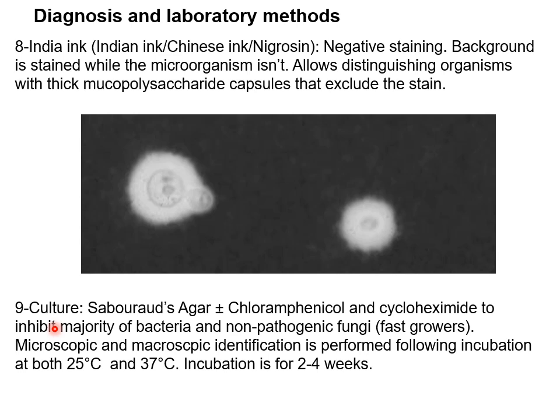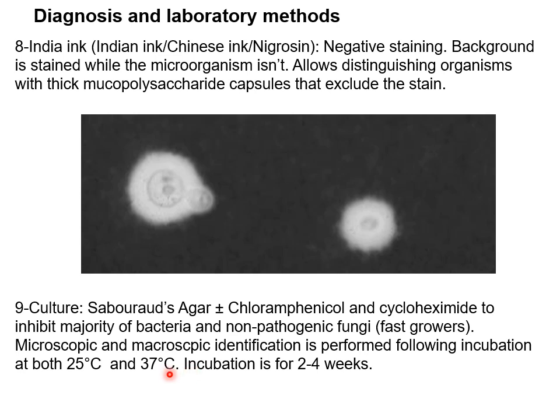So for the most part, we use Sabouraud agar, and this agar is usually mixed with chloramphenicol to inhibit bacterial agents and cycloheximide to inhibit the fast-growing non-pathogenic fungi. And then what you can do is microscopic and macroscopic examination of both a sample from the plate and the plate itself, what the colony looks like.